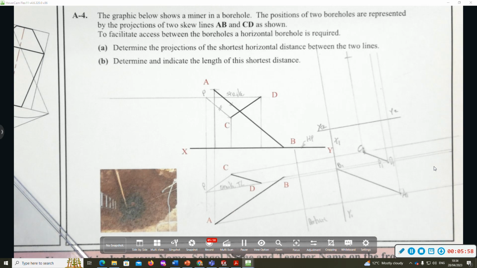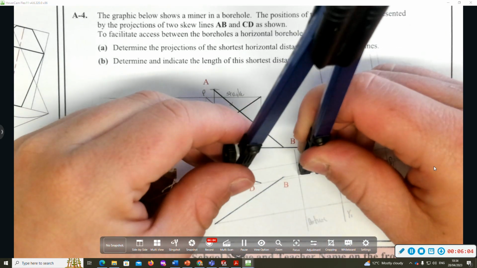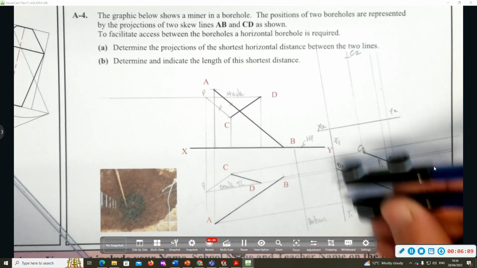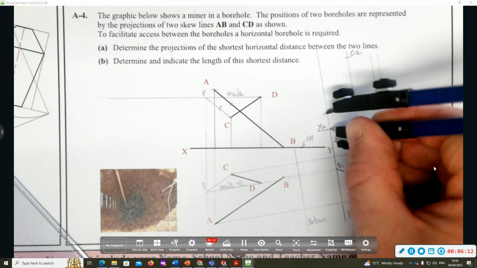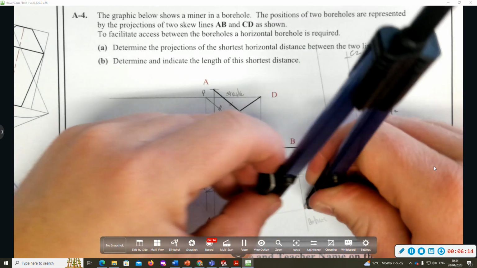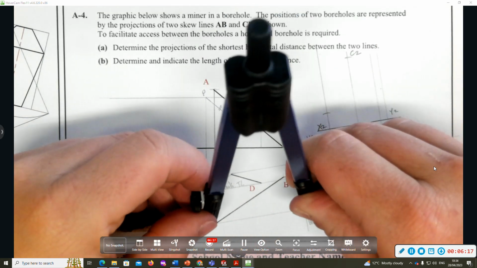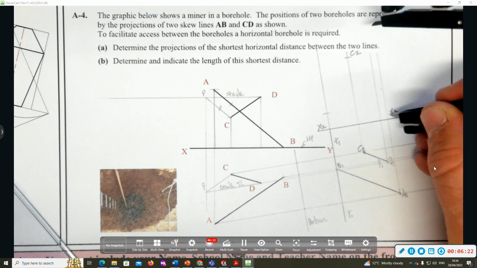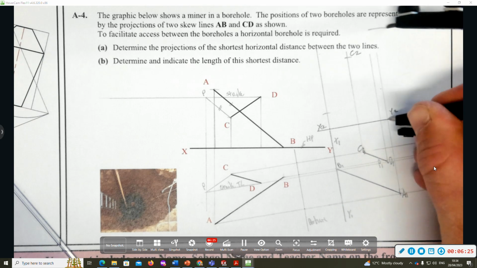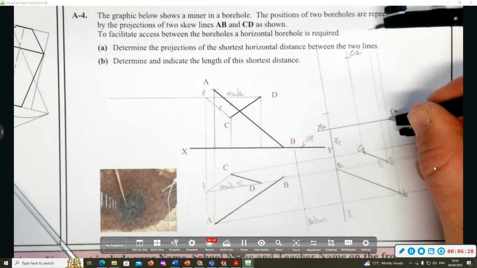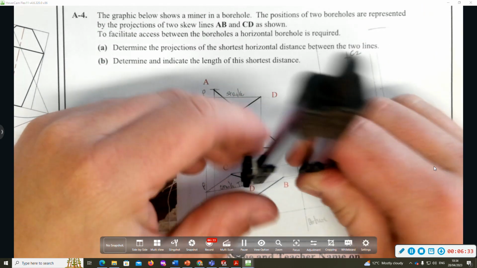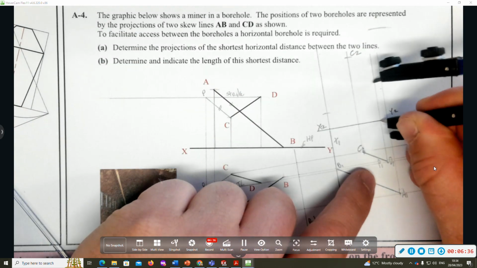So there's my point C2. Put my compass on the datum line to point B. So there we go, follow B along here, mark it in. Datum line to point A, so compass to point A, follow A along here, mark A in. I've done B, I need to do D. So compass on the datum line, join to D, follow D along here, mark it in.